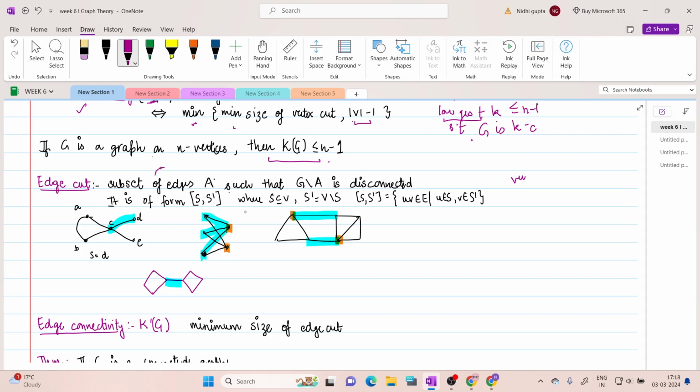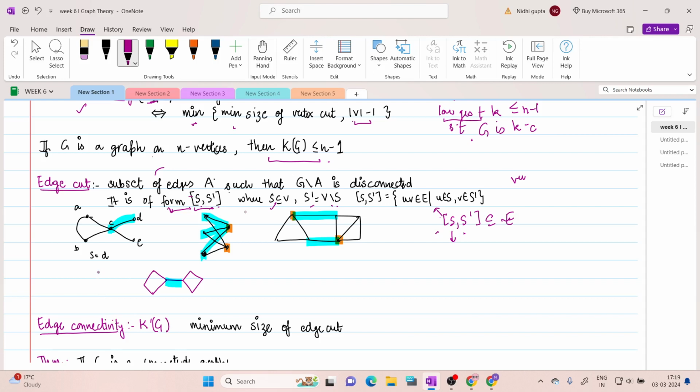An edge cut is a subset of edges such that if we remove those edges, the resultant graph becomes disconnected. A minimal edge cut can be of the form (S, S bar), where S is a subset of V and S bar is V minus S. This notation refers to all the edges with one vertex in S and the other vertex in S bar. So an edge cut is of this form.